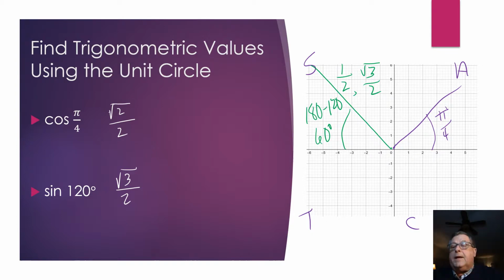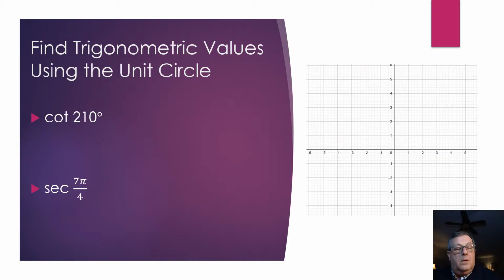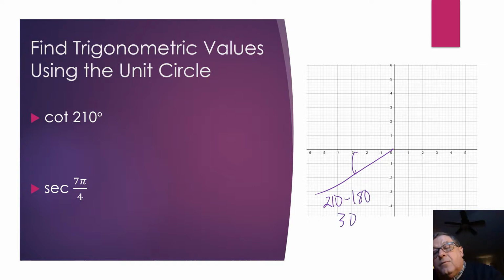Now, we're going to complicate it a little bit on this next slide. So now we're looking at the cotangent of 210. Well, first thing, let's think about, okay, where is this angle at? And if it's 210, it's going to be here in the third quadrant. What's my reference angle going to be? Well, let's see, 210 minus 180. So my reference angle is going to be 30. There's my reference angle.